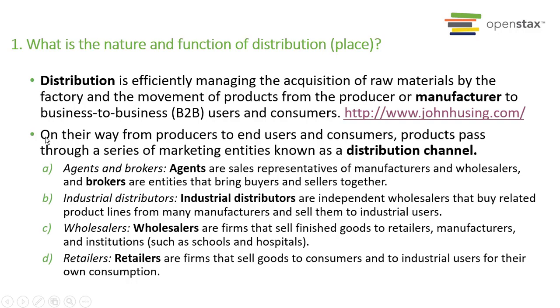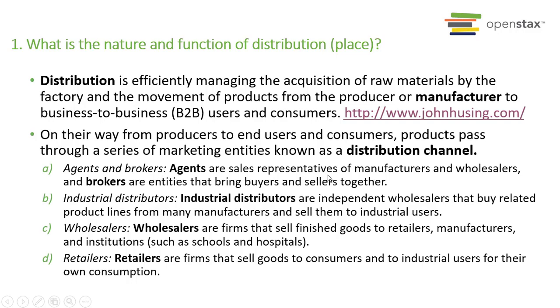So let's continue. On their way from producers to end users and consumers, products pass through a series of marketing entities known as distribution channels. This is all straight from your book, by the way, and we're on page 460. So you have agents and brokers, industrial distributors, wholesalers, retailers, right? There's going to be a pretty big difference between agents and brokers and industrial distributors.